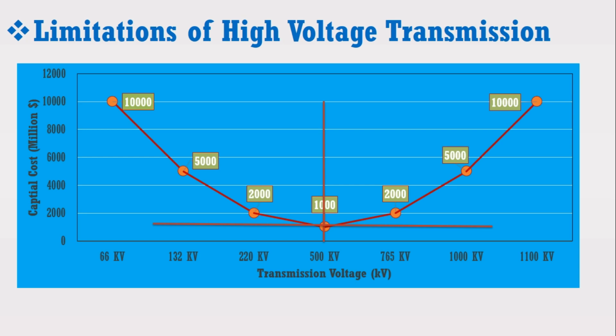However, when voltage is further enhanced to 765 kV, the total cost goes on increasing due to increased cost of transformers, towers and protection equipment. Therefore, for this case, 500 kV is the economical option for high voltage transmission.